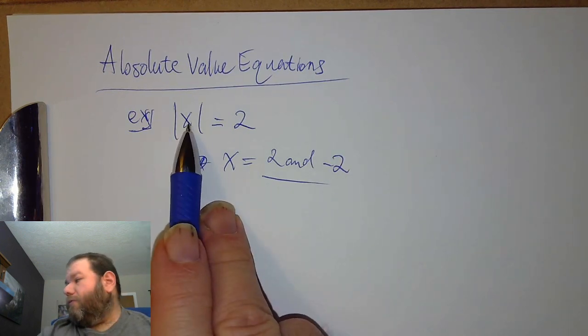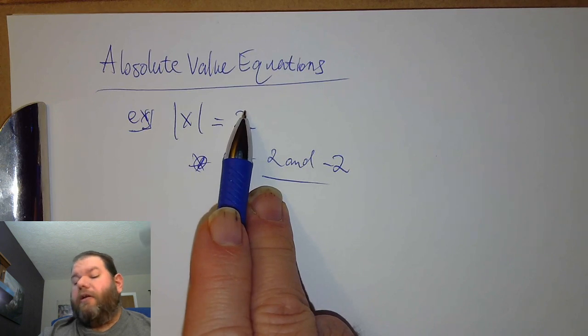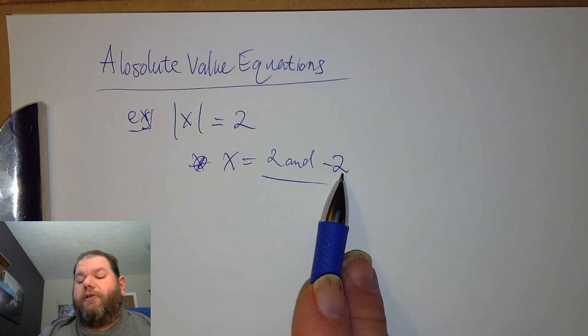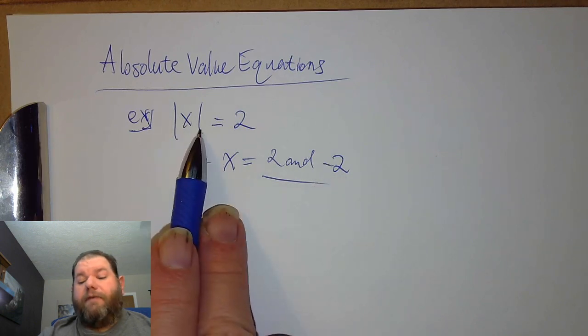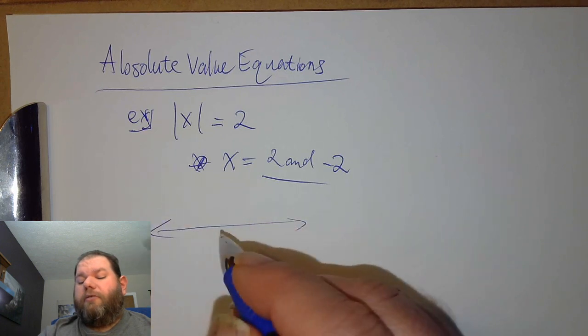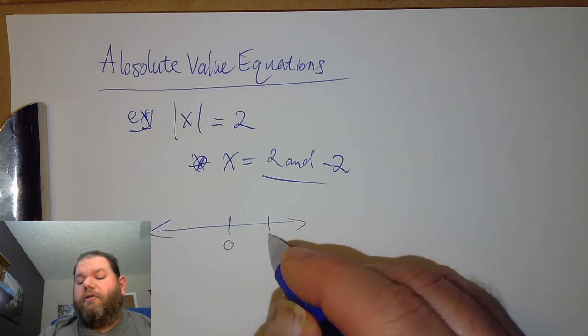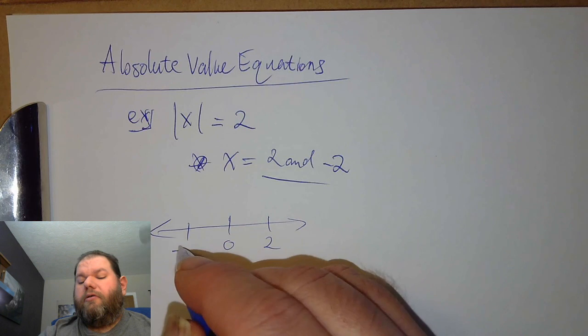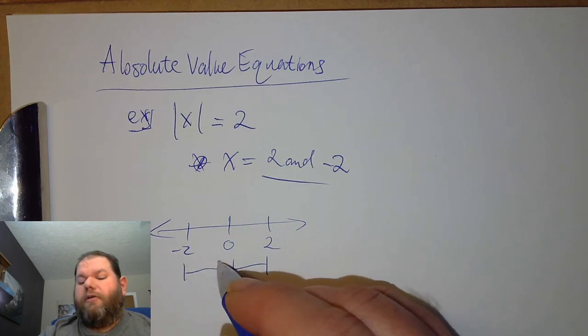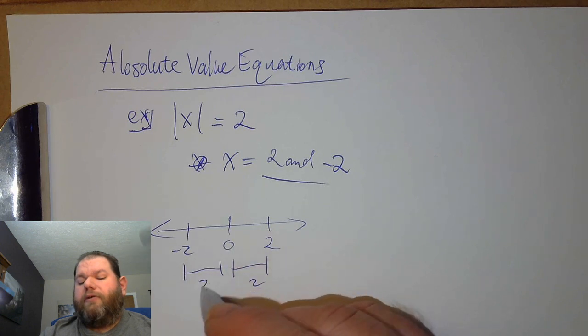Absolute value of 2 is 2, and absolute value of negative 2 is 2. Both of these numbers, when we plug them in and take the absolute value, have an absolute value of 2. On our number line, the distance from 0 to 2 is 2, and the distance from negative 2 to 0 is also 2.